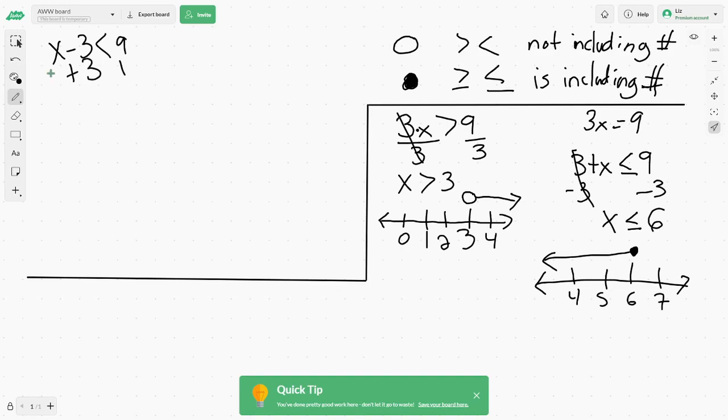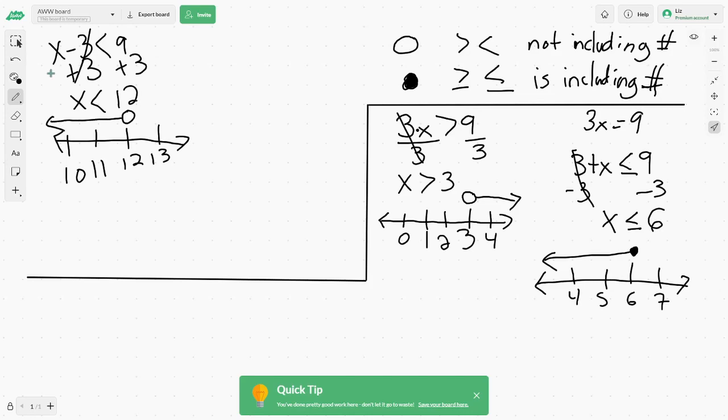Just add my 3, add my 3. X is less than 12. So you see I'm not doing anything different. 12, open circle because it's less than, and I'm including all the numbers less than.